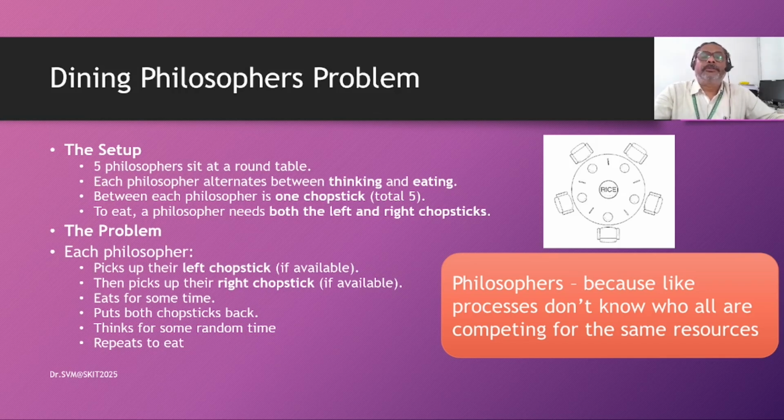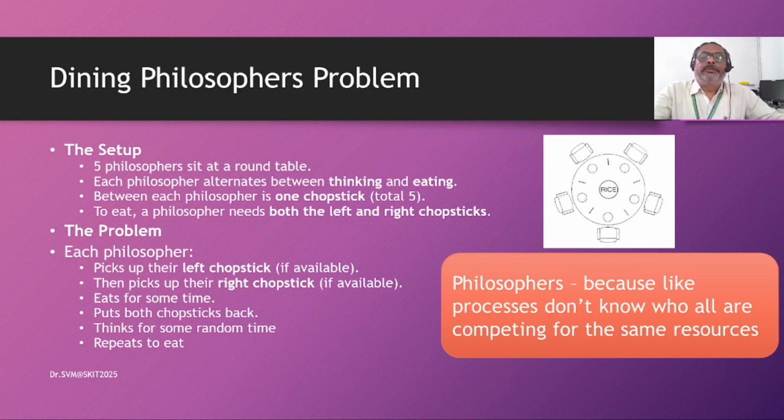Under this we are talking about resource management, resource sharing, and also about the race condition to be avoided. That means any shared resource can be used by at most one process. That's what is shown here.